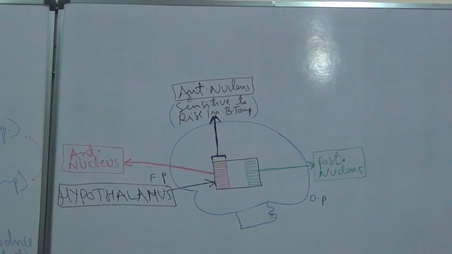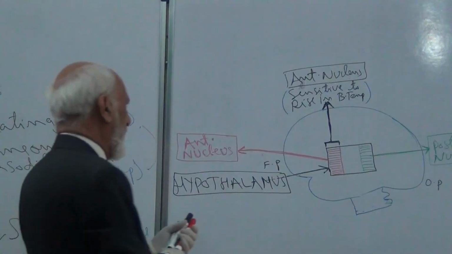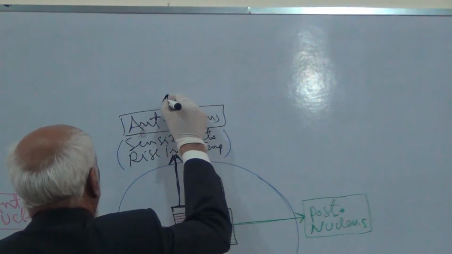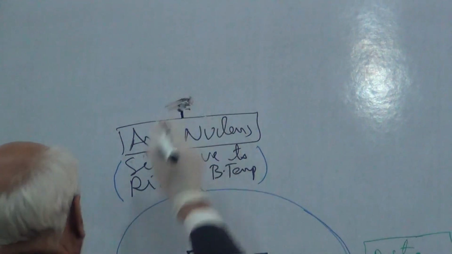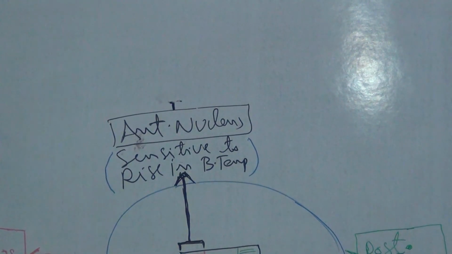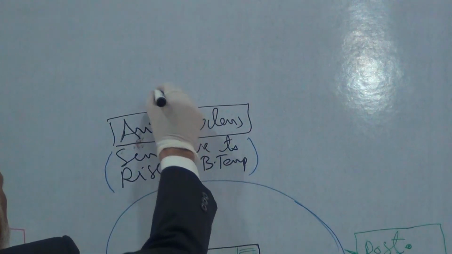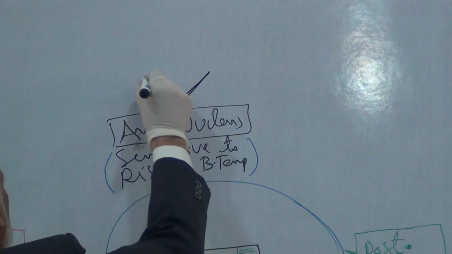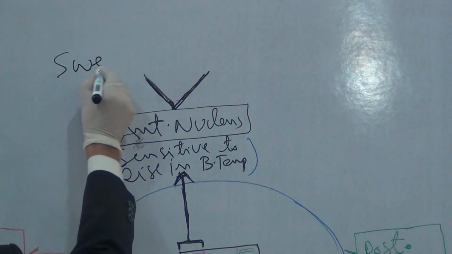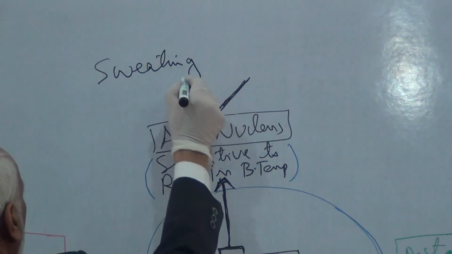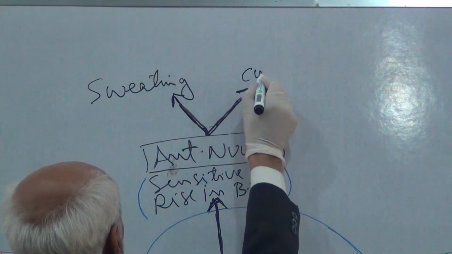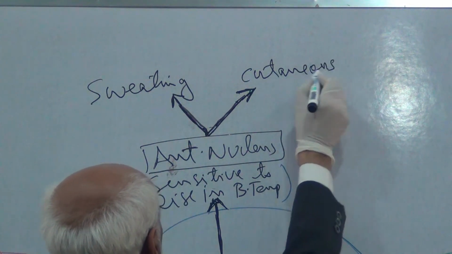And when the anterior nucleus is stimulated, it tries to lower the body temperature by two mechanisms, that is by sweating and by cutaneous vasodilatation.